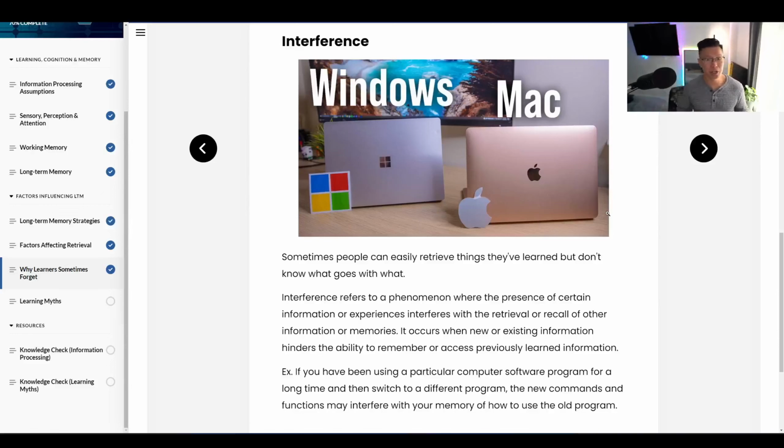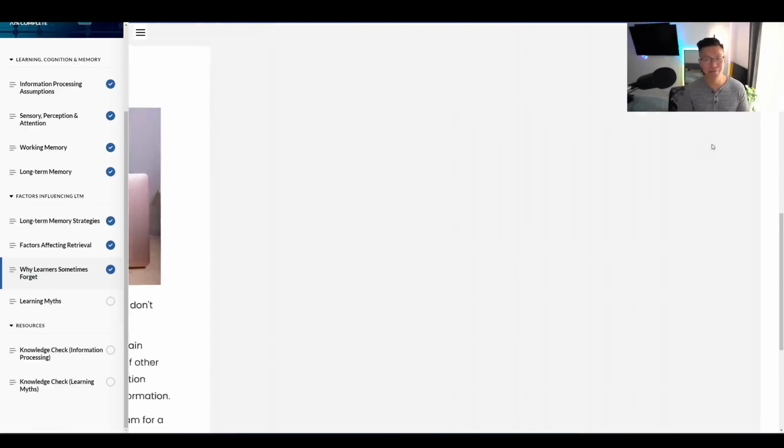I actually switch between Windows and Mac every day, maybe three or four times a day, and I always mix up Command C versus Control C when I copy and paste, because something is interfering with what I know. I'm retrieving something I inherently know because it's in my long-term memory, but I'm not making that associative link to map Command C versus Control C in this manner.